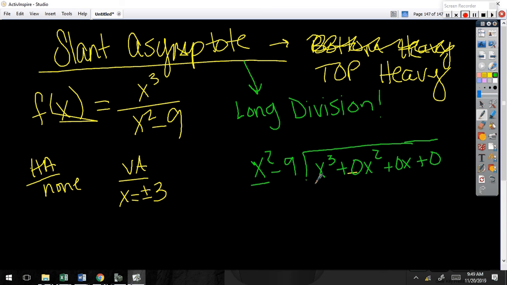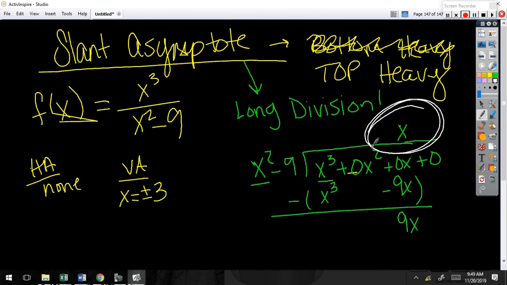What do you multiply x squared by to get x cubed? X. I get x to the third minus 9x, and I subtract. That is my remainder, because there's nothing I can multiply x squared by to get 9x. I'm not interested in the remainder. What I care about is this.